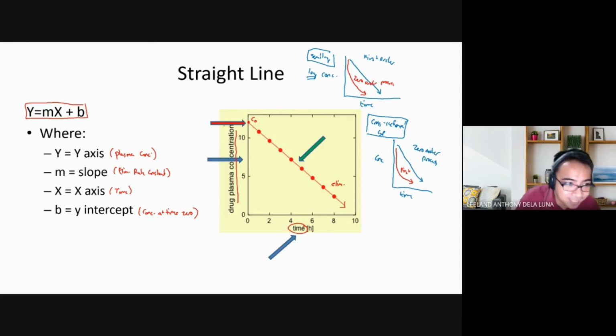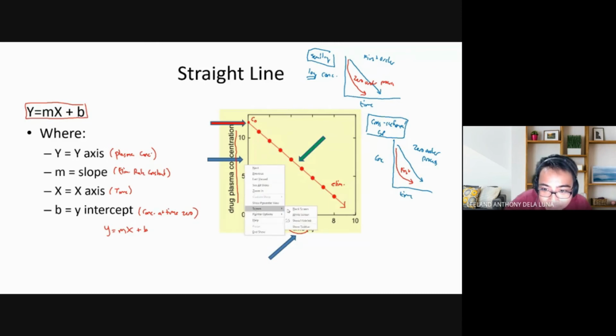Okay, so let me rewrite this, class, in a way na mas maintindihan natin. So y equals mx plus b. Palitan natin ng kulay para mas mapansin natin. So ano yung y? Sabi natin, this is the plasma concentration. So Cp. Ano ang m? Sabi natin, this is the rate of elimination.